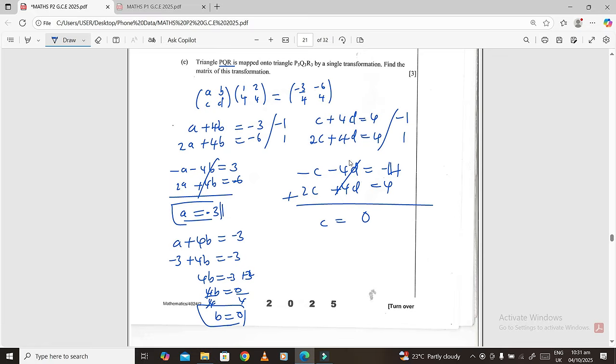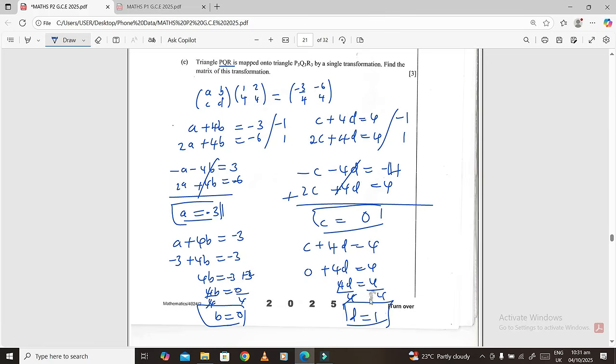So C is equal to 0. If C is equal to 0, we get the first equation. So we know that this is a C. We get the first equation, and then substitute 0 here. We're going to remain with a 4D, which is equal to 4. So 4D is equal to 4. Divide by 4 by 4. The value of D will come out to be equal to 1.